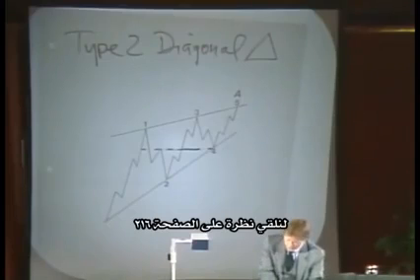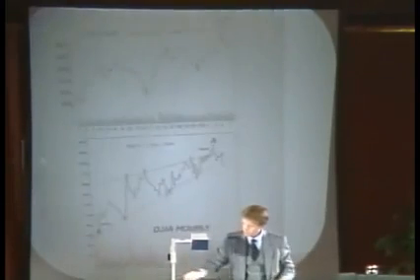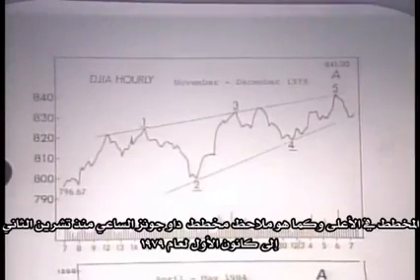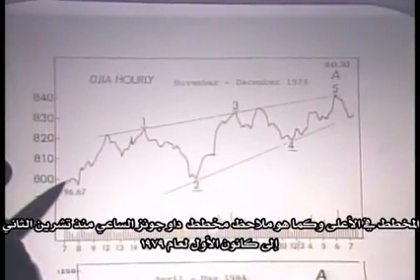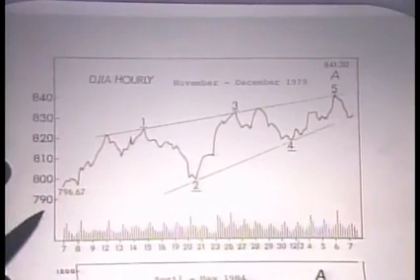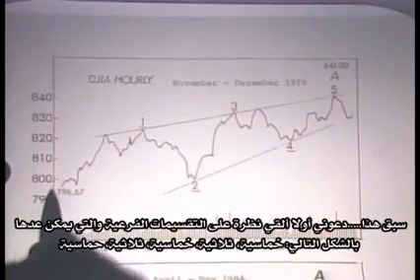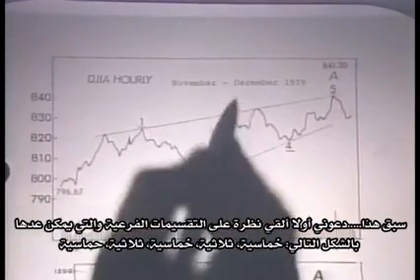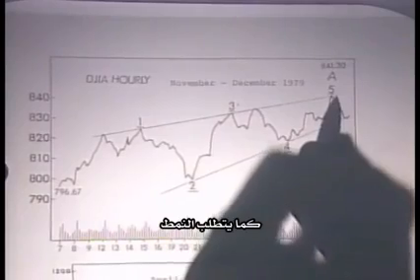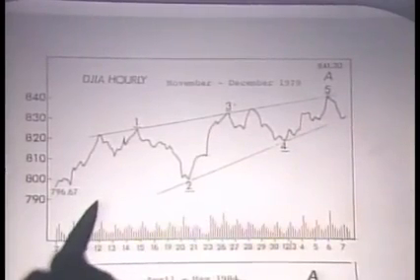Let's take a look at page 216. The chart at the top, as it says, is a chart of the Dow hourly, November through December 1979. This was preceded, and let's take a look at the subdivisions first. This was best counted as a 5, 3, 5, 3, 5, as is required by the pattern.